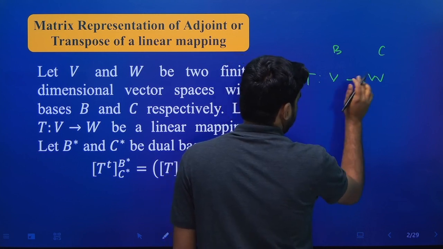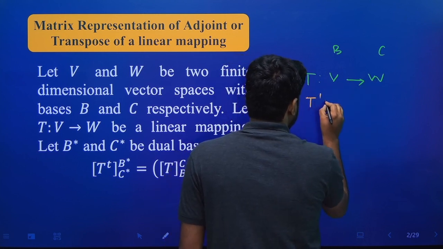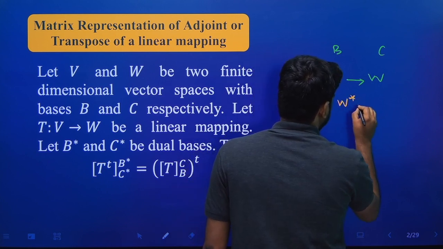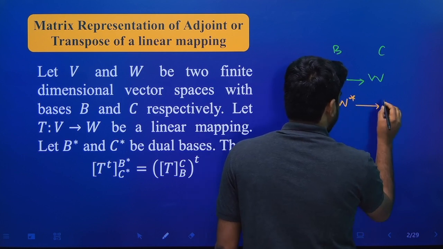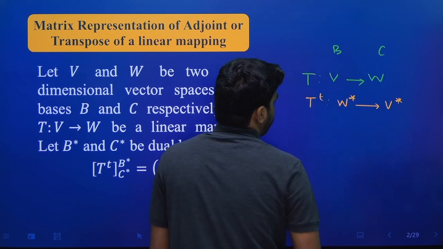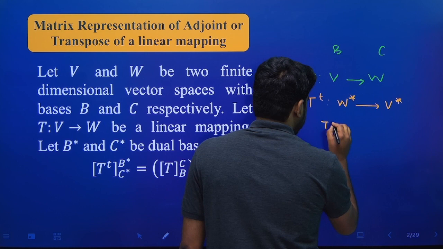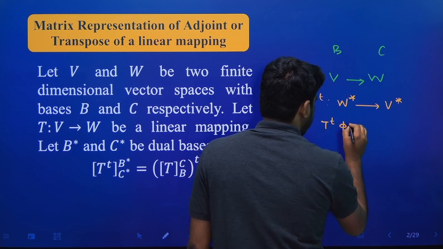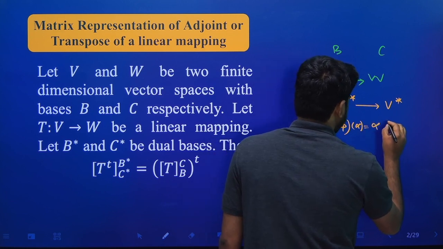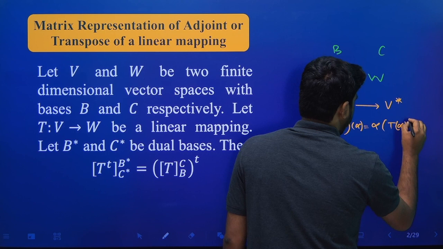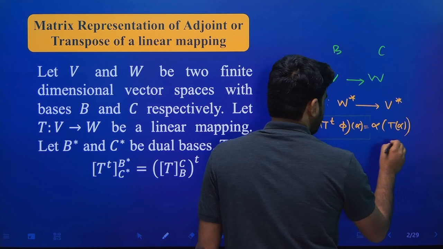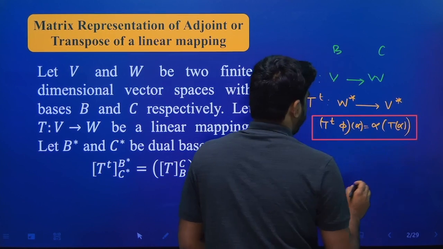If T is a mapping from V to W, then T transpose is a mapping from W star to V star, and that is defined by T transpose phi alpha equals phi of T alpha. We know this definition of the transpose or adjoint of a linear mapping.